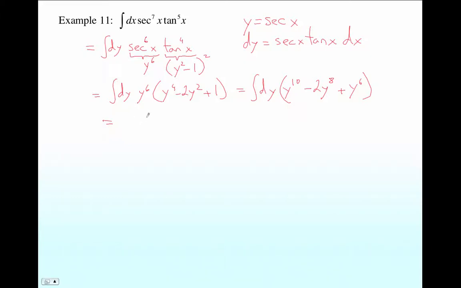This is then y to the 11 over 11, so 1/11th of y to the 11th, but that's sec to the 11th of x. Then the next one will be minus 2 over 9 sec x to the 9. And the last one will be 1/7 of sec x to the power 7.